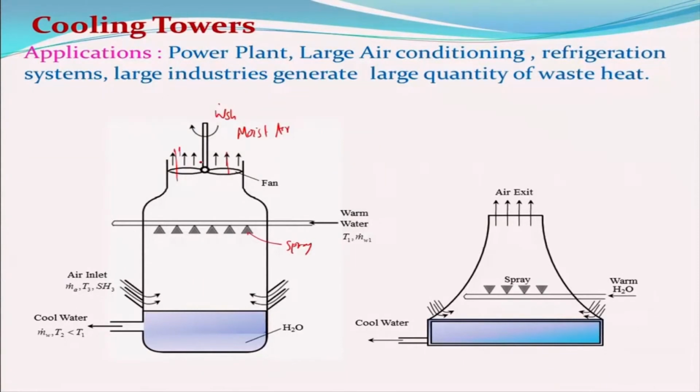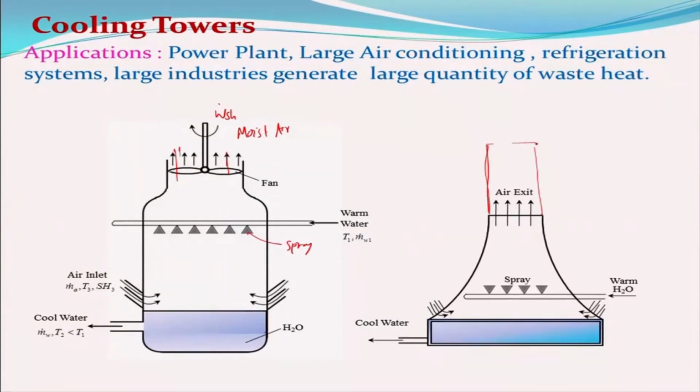But there is another way. Here the spray will be there and the water is collected in the same way, but this is a chamber which is made such that it takes the air in naturally. I have shown it very short, but actually it is a very long tower.